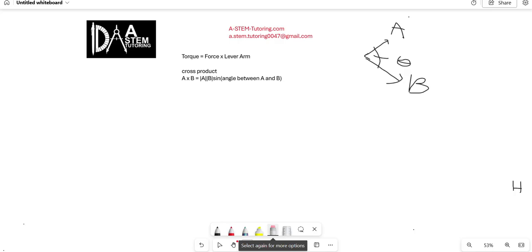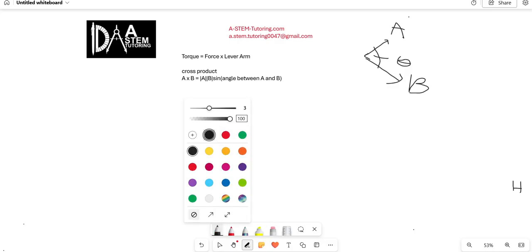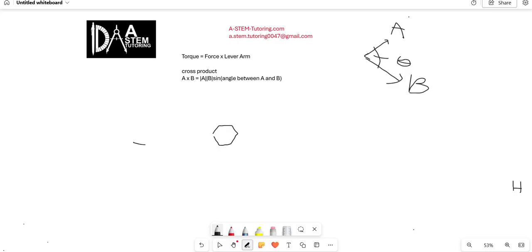Well, let's say you have a bolt and you want to use a wrench. Okay, this is not the best drawing of a wrench, I admit.